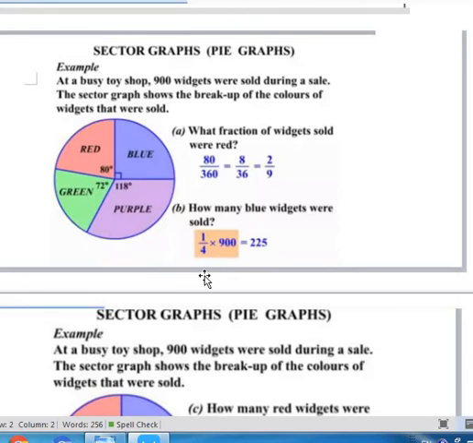It will give you a quarter. Okay, so quarter times what? I need now to know the number of widgets. Here he asks me how many blue widgets. How many blue widgets, Ali? The number. So I'm going to multiply by the number 900. So a quarter times 900 will give you 225.